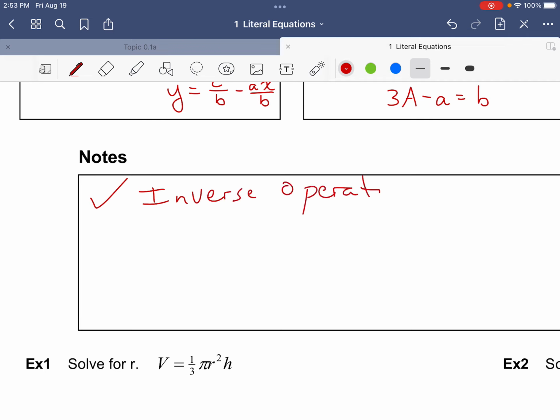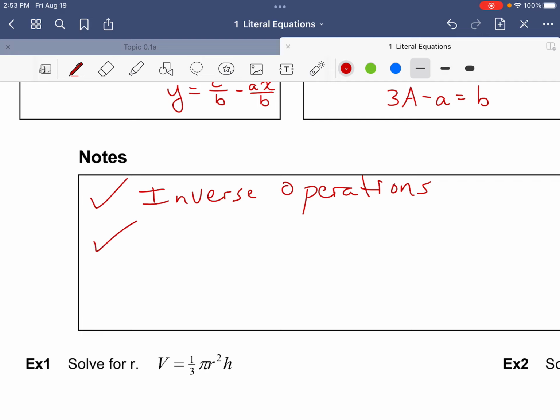Inverse operations are really the only way for us to undo an equation. And you always do the inverse operation to both sides. Of course, that is how we can cancel one side of the equation when we're solving.